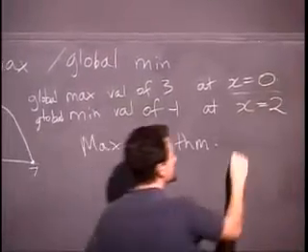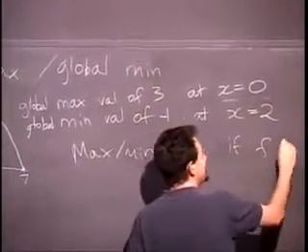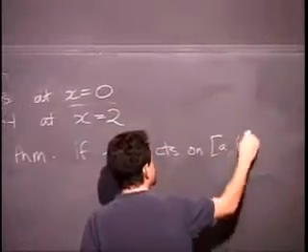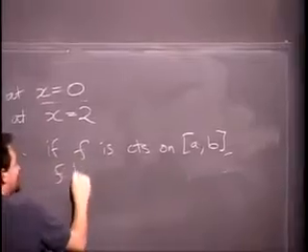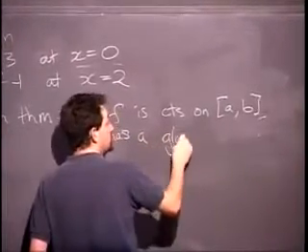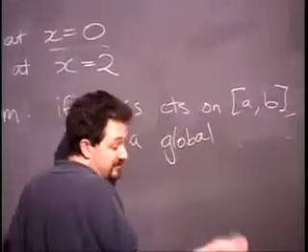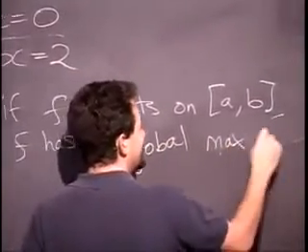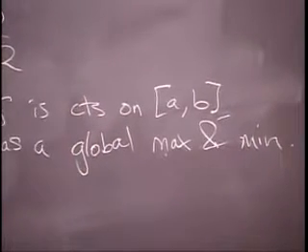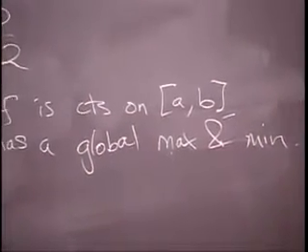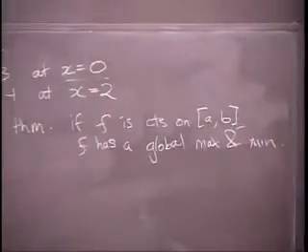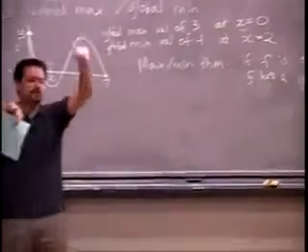Just to remind you what it said, if f is continuous on some closed interval, f has a, well, I'm going to say a global. I didn't use the word global before, but that's what I meant. A global max and a global min. Somewhere. So that was a theorem that we learned. If it's continuous, it's sort of tied down to the ends of the closed interval, and what's more, it has to be drawn in one piece.